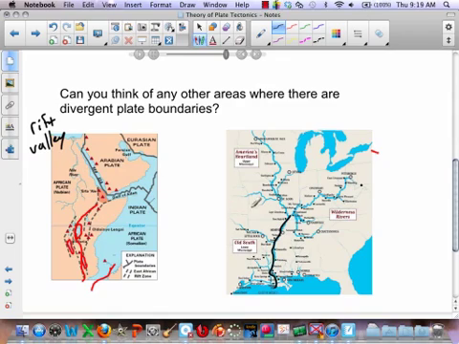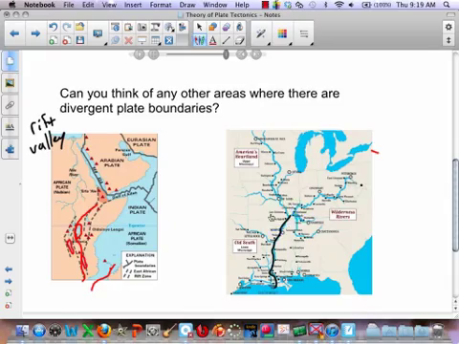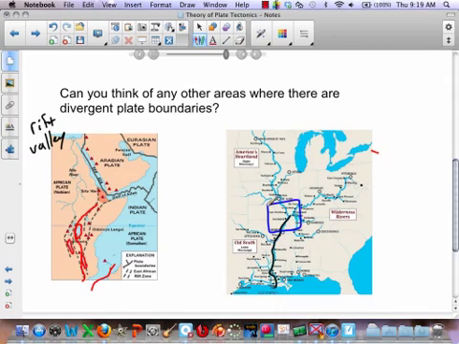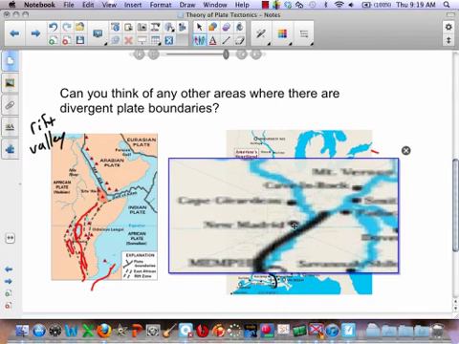In fact, right here, I know you guys can't really see it, let's see if we can zoom in. There's a little town in Missouri called New Madrid. Locals, they actually don't know how to pronounce anything.